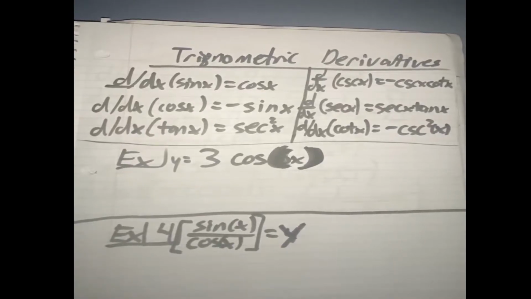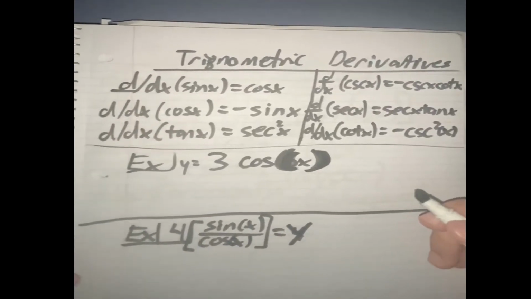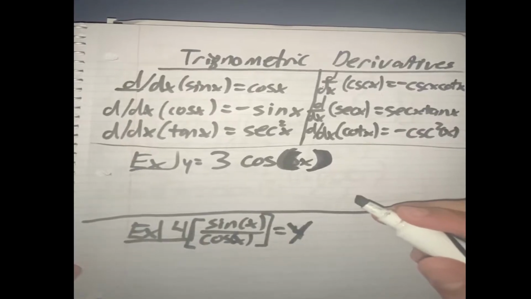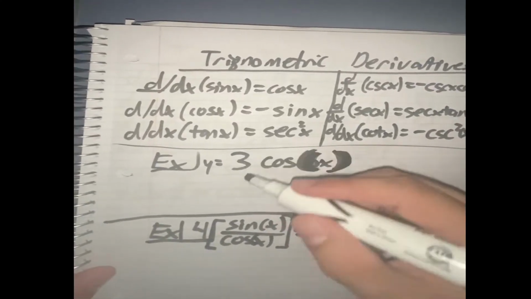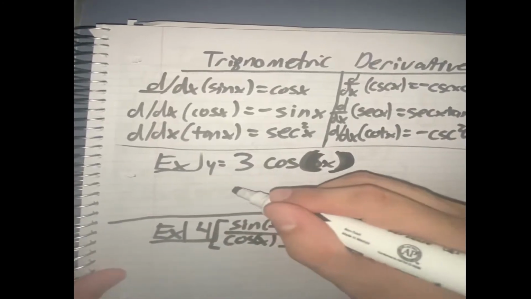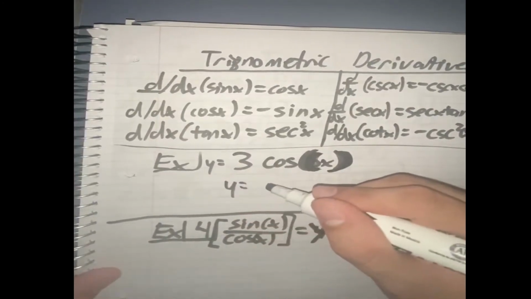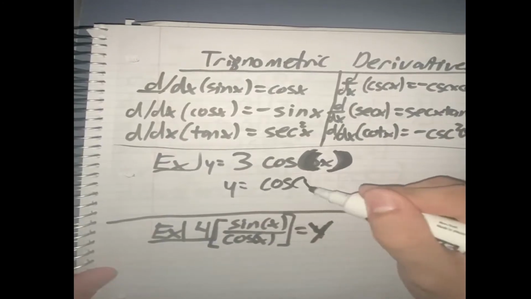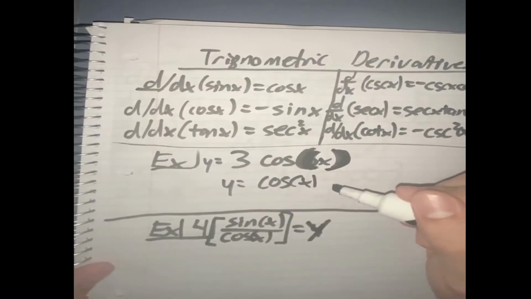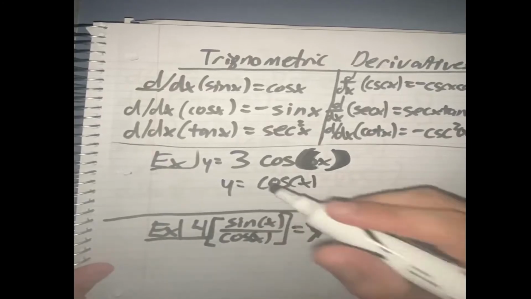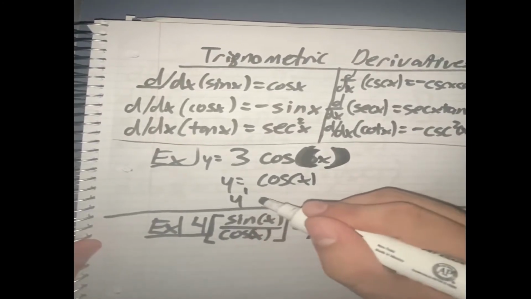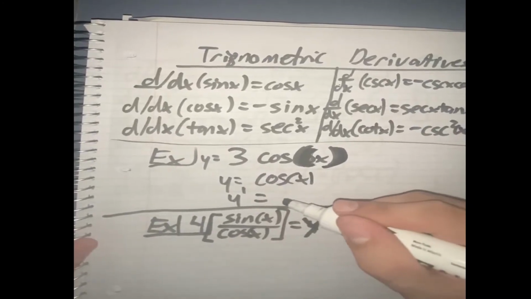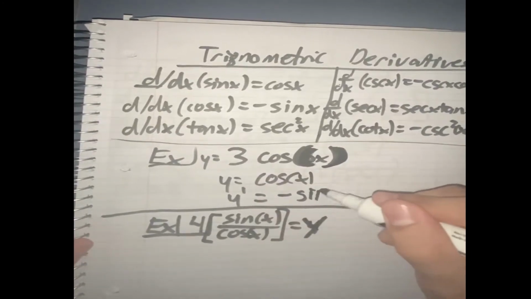The first thing we're going to do is just ignore the 3 and focus solely on cosine x. And what's the derivative of cosine x? We change the sign. Always for cosine, get used to changing the sign. So whenever you take the derivative, which we note as y prime, the derivative of cosine x is negative sine of x.